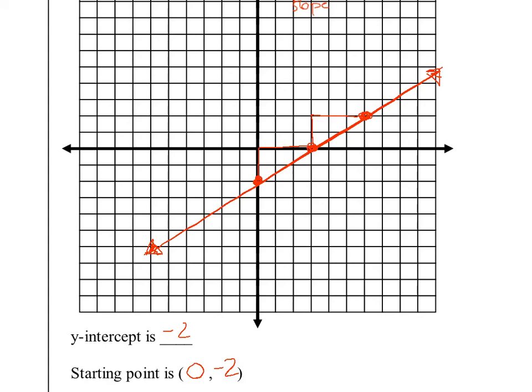No, it will not. So do not try to graph a standard form equation without doing plug and chug. At this point, you still have to plug and chug for standard form. But what we may learn later on is ways to take our standard form equation and make it into slope-intercept form. So that's something to look forward to. All right?